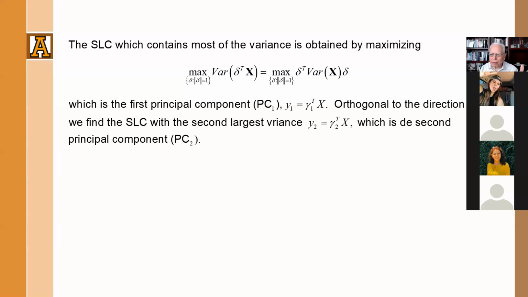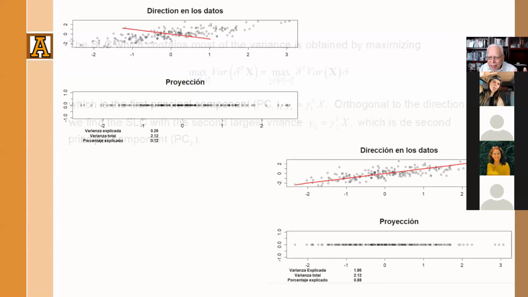So it's transforming. Okay, so in this graph, this direction represents the first principal component. And when I drew this line here, this will be my second.